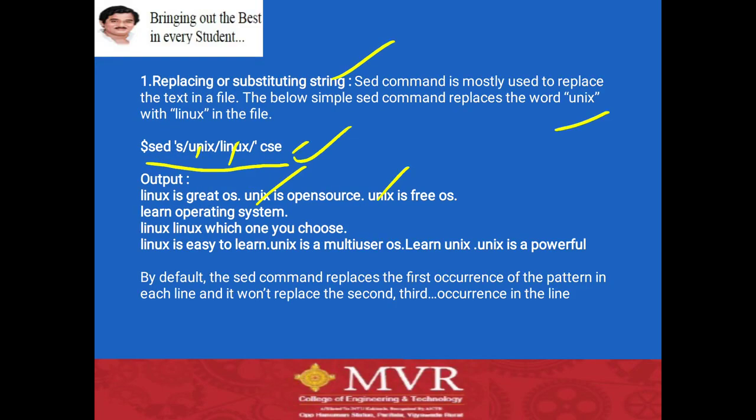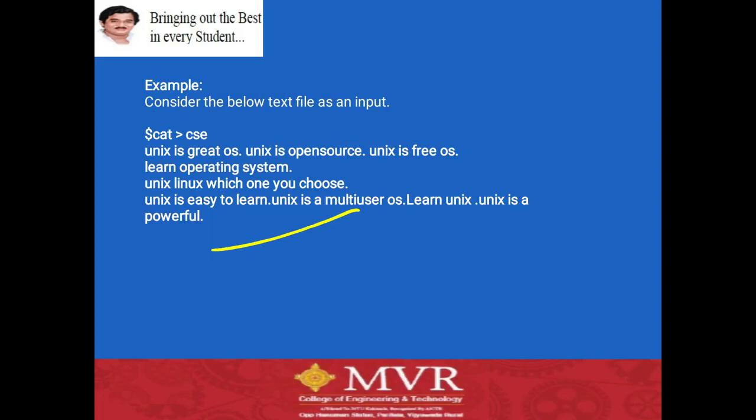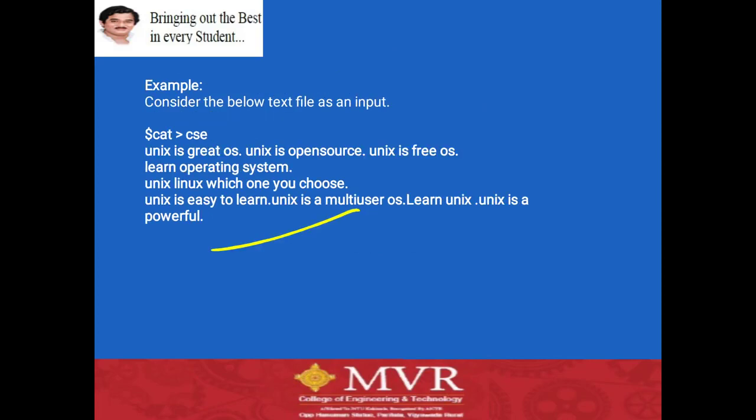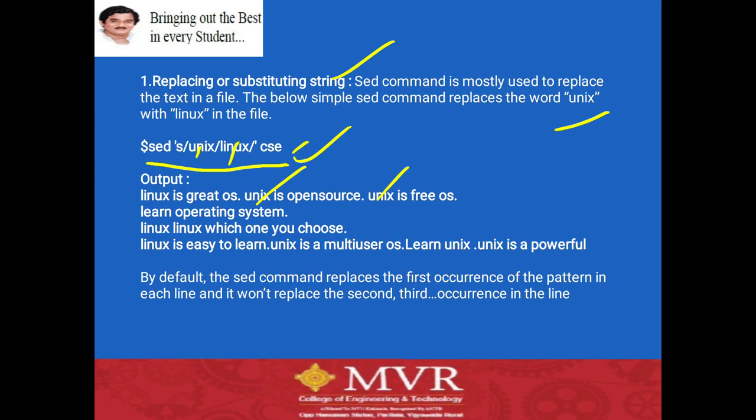So Linux is great OS, Unix is open source, Unix is free OS, the rest remains the same. The second line doesn't have any Unix, so it will not be replaced and will be displayed normally. In the third line, Unix, Linux, which one you choose, the first occurrence of Unix is there, so it will be replaced. So Linux, which one you choose.